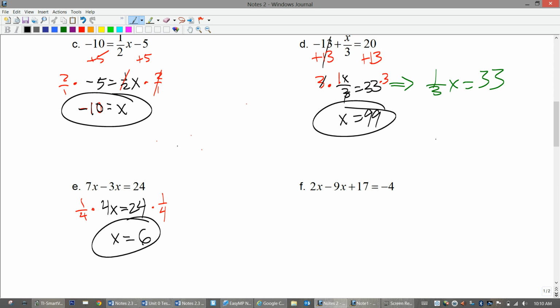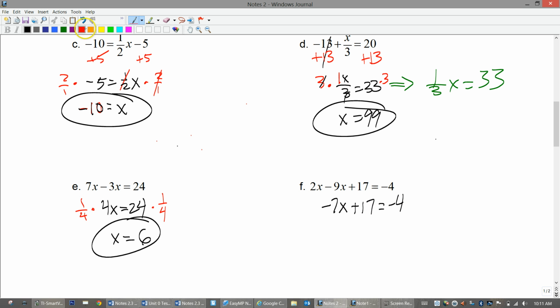Okay. Again on F, combine like terms first, right? We do distribution, combine like terms, inverse operation. So let's combine like terms first. So we're going to do 2x minus 9x. 2 minus 9 is negative 7x. And then we can finish it from here.